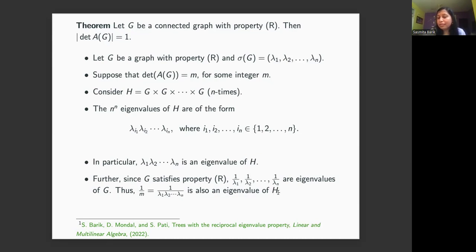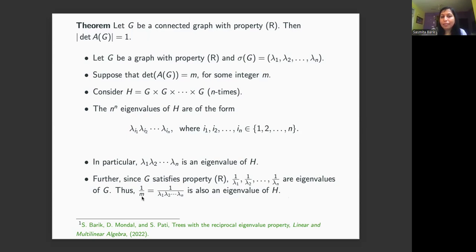Okay, and H is a graph. And you got one number that looks like 1 by m, and that's becoming one eigenvalue. But the characteristic polynomial for H is a polynomial which is monic with integer coefficients. In that case, obviously, every eigenvalue which is a root of that equation, if it's a rational number, must be an integer, right?